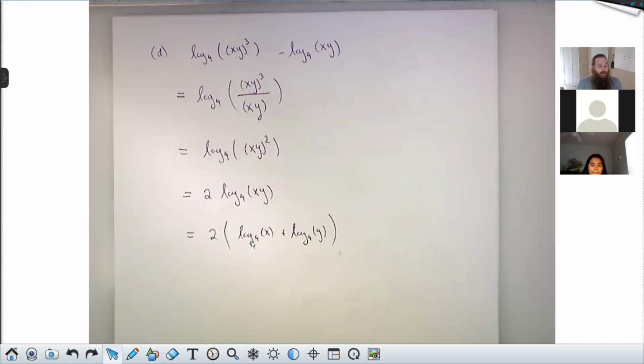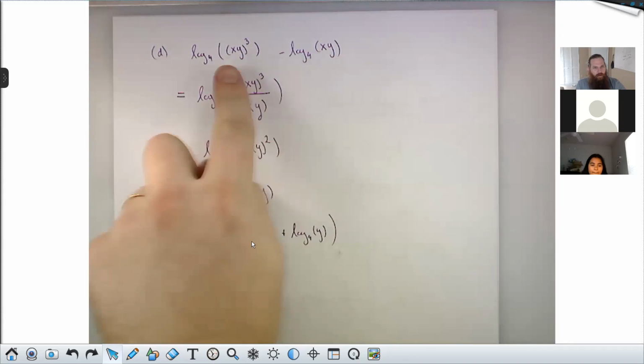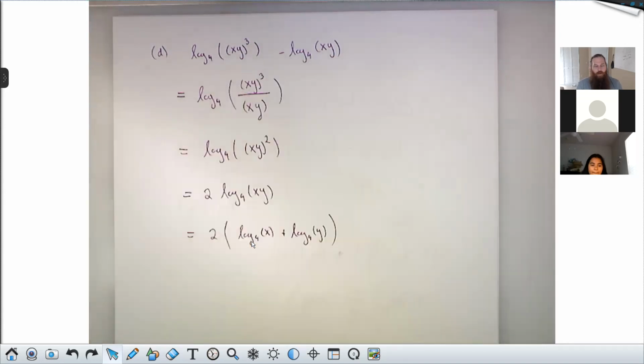When I look at these, what is most simple to me is when I can see each piece on its own, and it's very, very clear to me what the domain is. So remember, we talked about domains of logarithm functions. From here, it's not entirely clear to me what values of x and y I'm allowed to plug in, nor is the graph or any of those things clear to me.